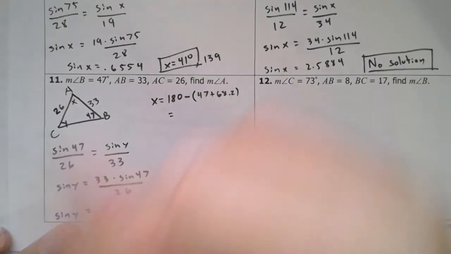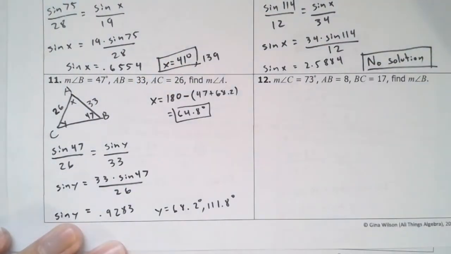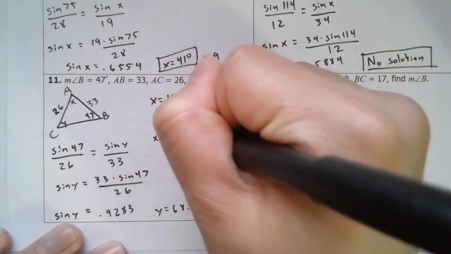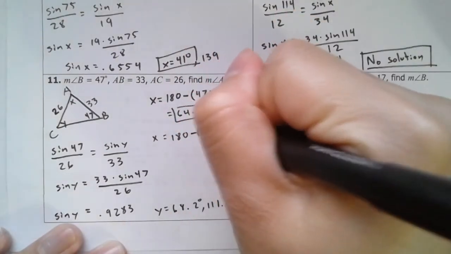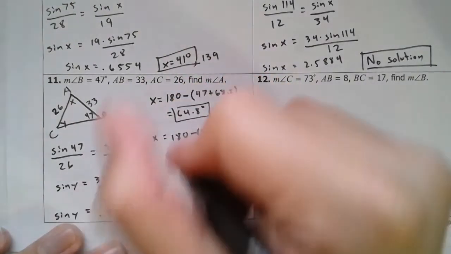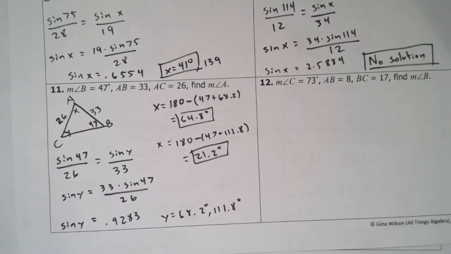You're going to get 64.8 degrees. So that's one possible solution for X. The other one is 180 minus 47. This time we take this one, so plus 111.8, and you're going to get 21.2 degrees. And that's the other solution. So that's it. This one does have two solutions.